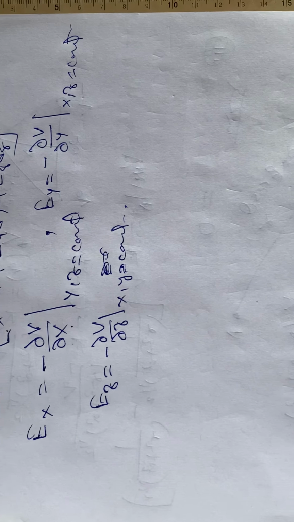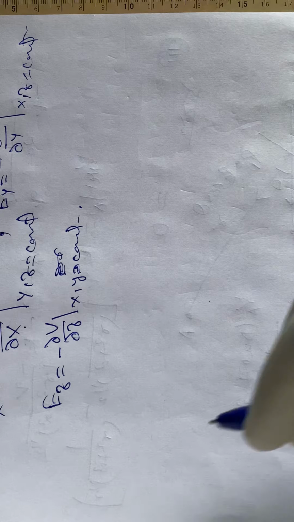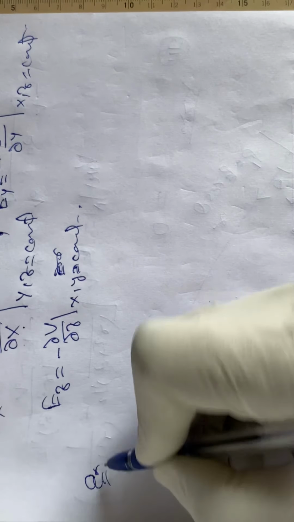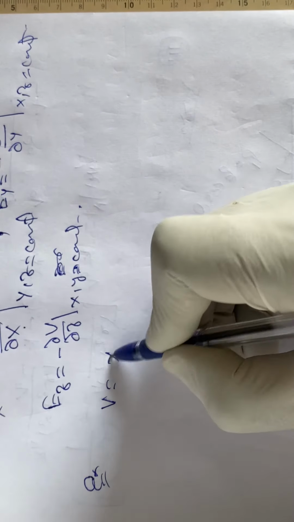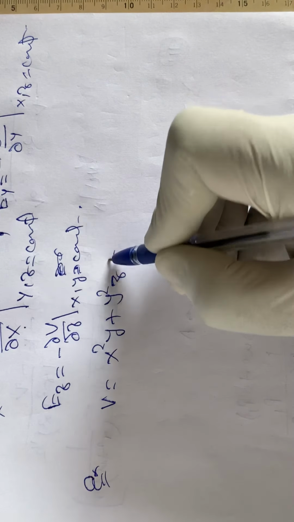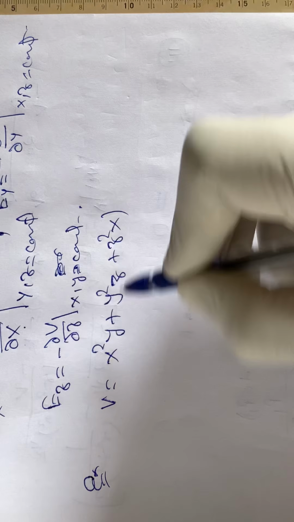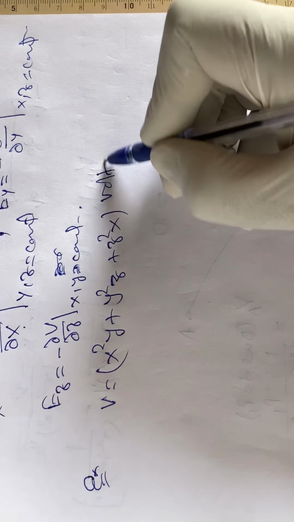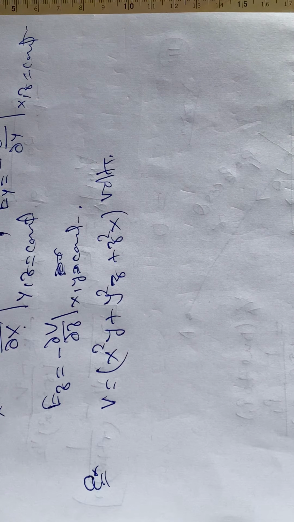Now, let's take an example. Suppose V is equal to x square y plus y square z plus z square x volt. Here you can see, the question says V is a function of all x, y, z. It's varying in three directions.